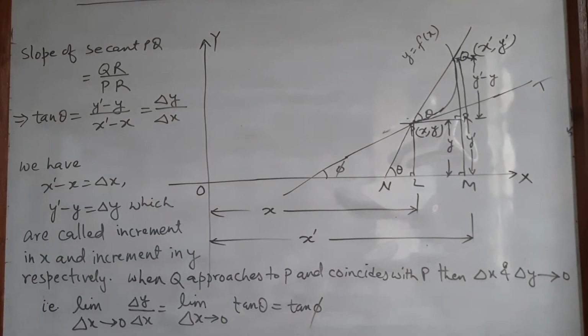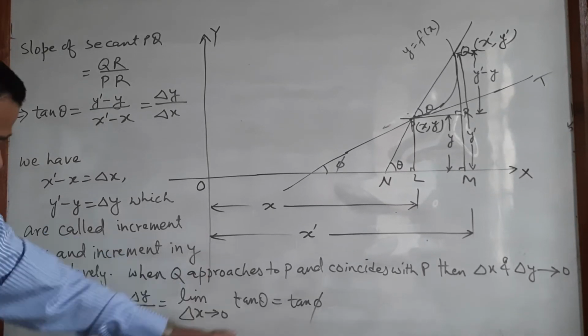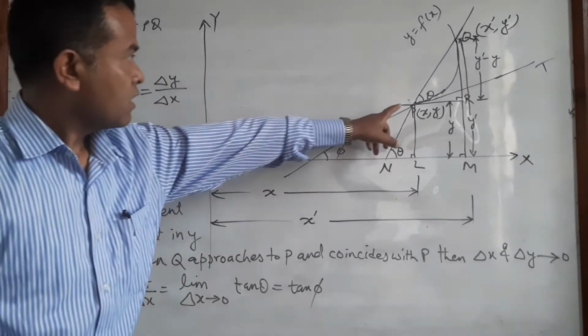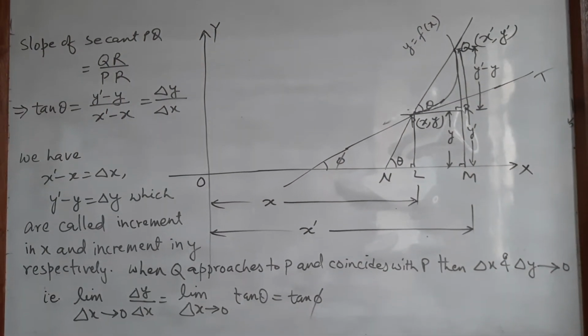In this limiting condition it becomes the tangent at the point P on the curve.